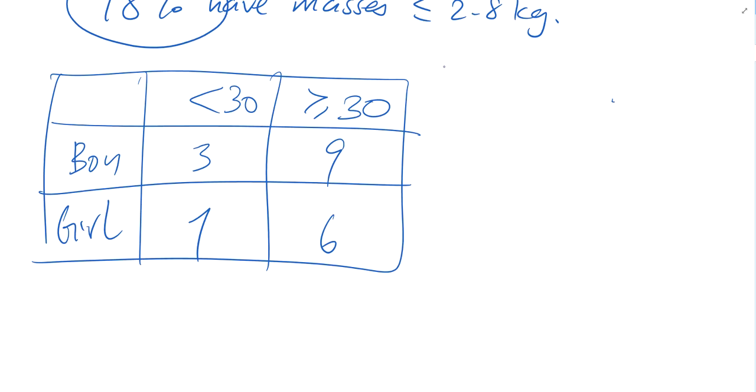Where are the cells? Over here I've got 3, 9, 7 and 6. Which one is relevant to us for women both aged 30 and over? Aged 30 and over. Which are the numbers that represent 30 and over? 9 and 6.